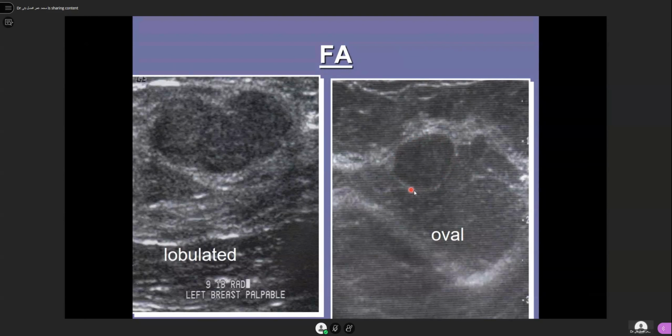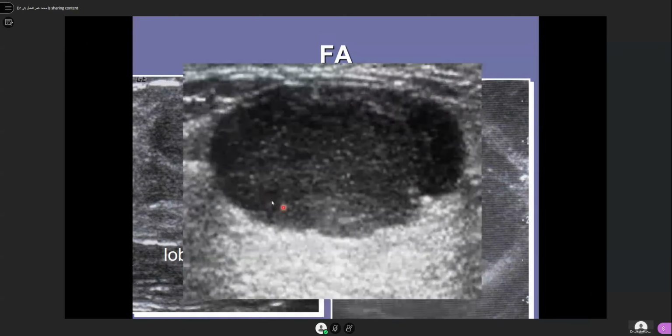You can see the capsule also. And you can see here also that there are few lobulations. Whenever there are few lobulations, then it is a benign mass. Again, it is a benign mass, and these are examples of fibroadenoma. You can see that this is wider than tall, and it has few lobulations.